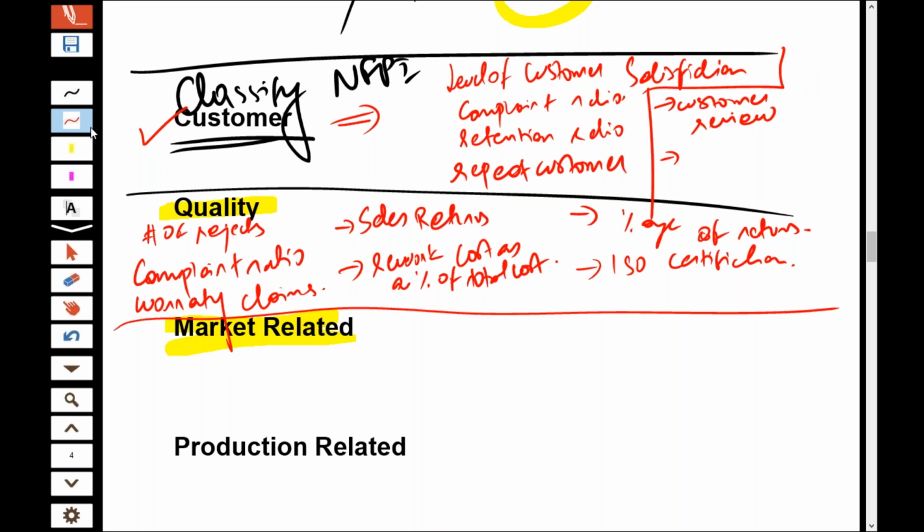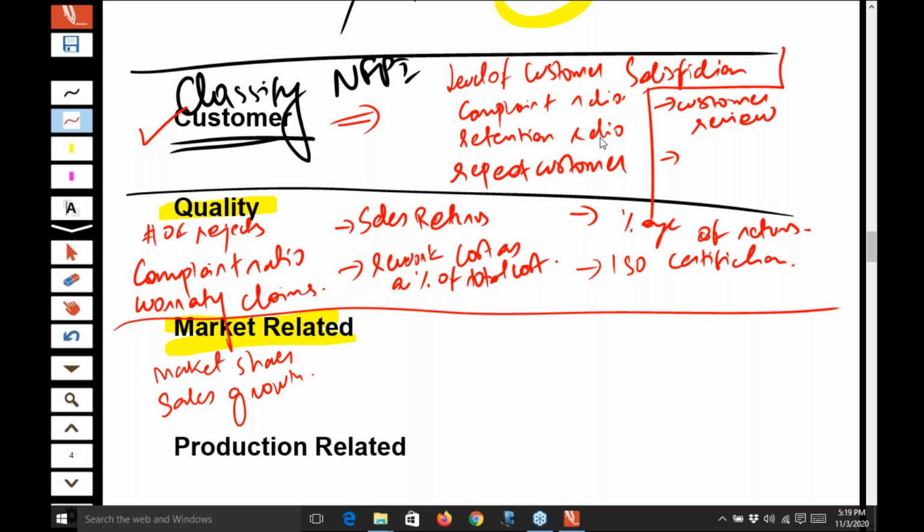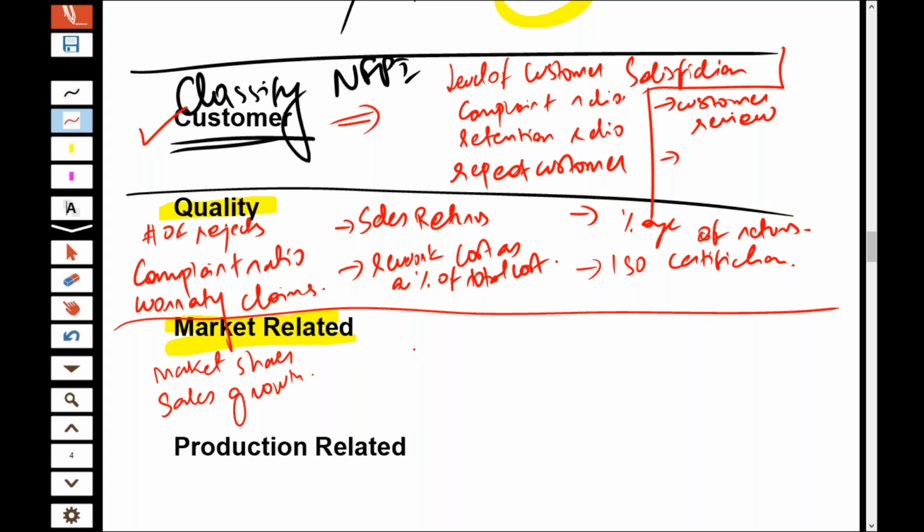When we talk about the market related, the market is the market in which you operate, the industry in which you operate. So you've got the market share. You've got the sales growth, number of awards.